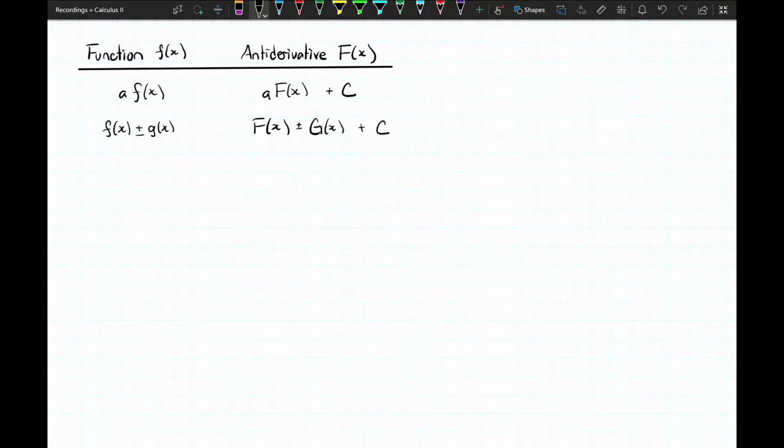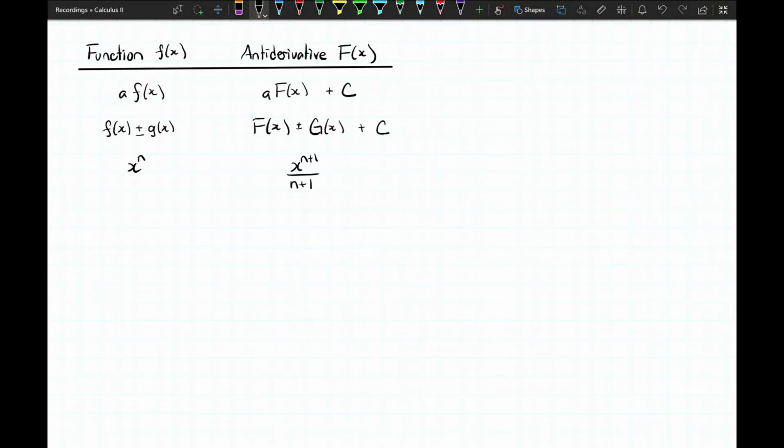One of our most powerful rules, sorry about the pun here, is the power rule. It's x to the power n. And we know how we take the derivative of x to the n, but how do we reverse that process? With x to the n, we know that by taking the derivative, we will multiply by n and reduce the power by 1. So reversing that order and reversing each of those operations, we first need to add 1 to the power and then make sure that we divide by n plus 1.